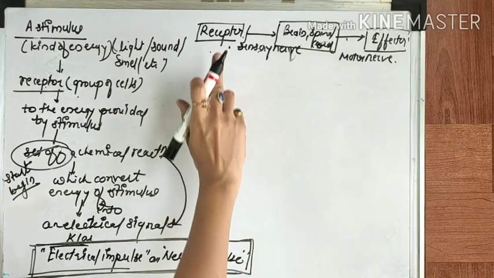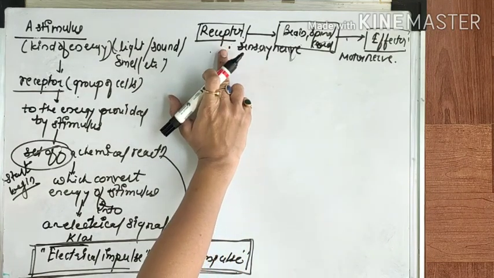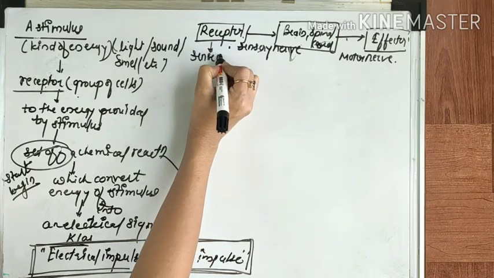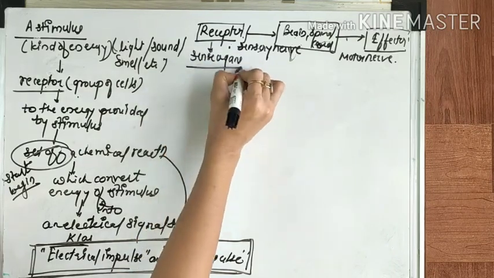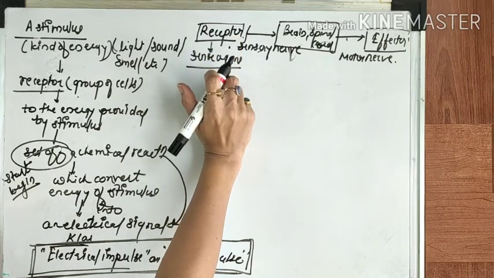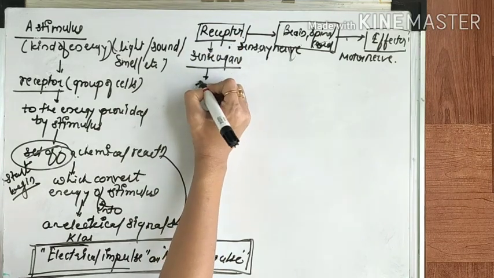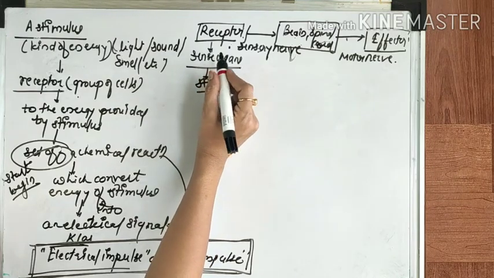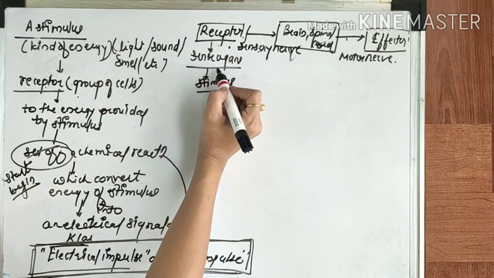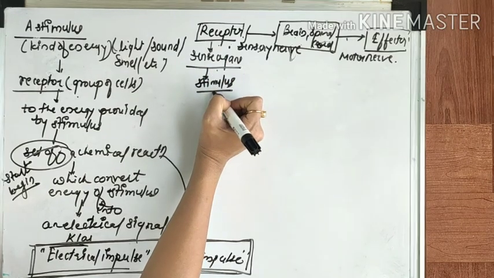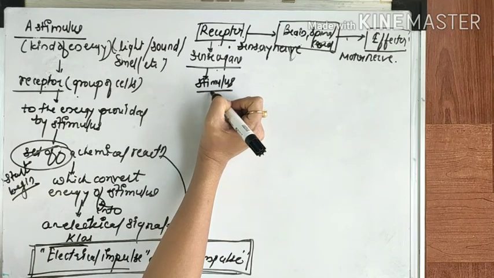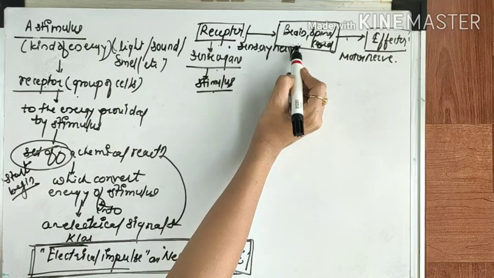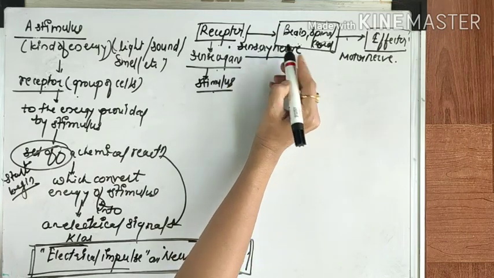As we know, the receptors are present on sense organs. So all the receptors in sense organs receive what? They receive the stimulus from the surrounding environment, and then they send the message to the brain and spinal cord with the help of sensory nerves. But in which form?